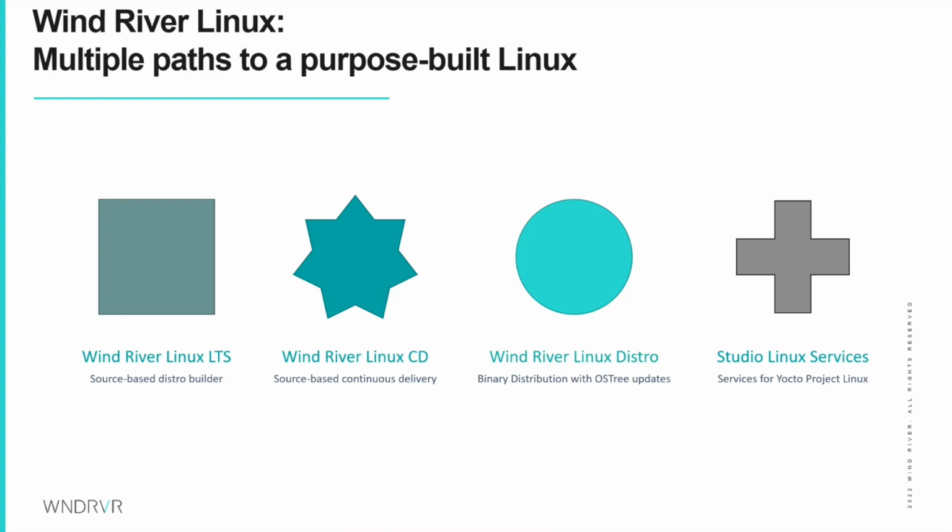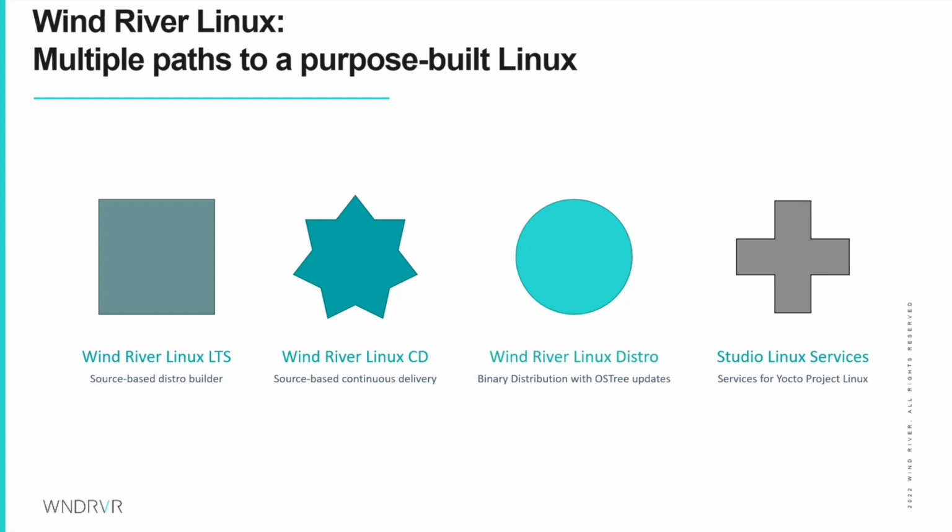And so we also offer something called Wind River Linux Continuous Delivery. And that's basically the LTS release preview version. So we do sprints about every 3 weeks, and we deliver not only the LTS Linux kernel, but we also have alternative kernels in there, as well as updates to the board support packages.